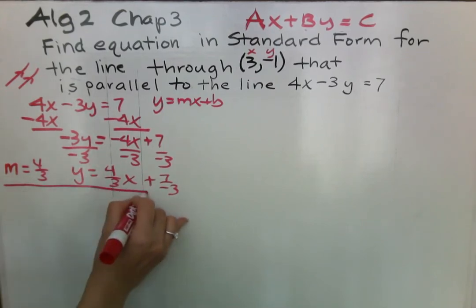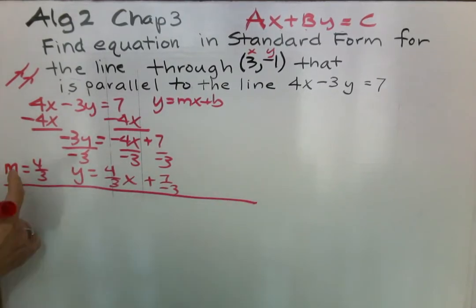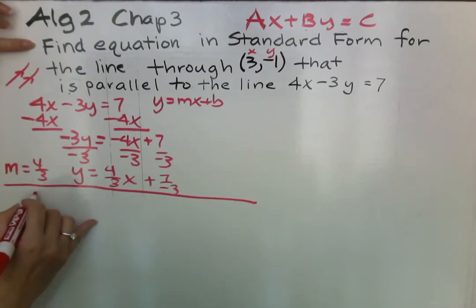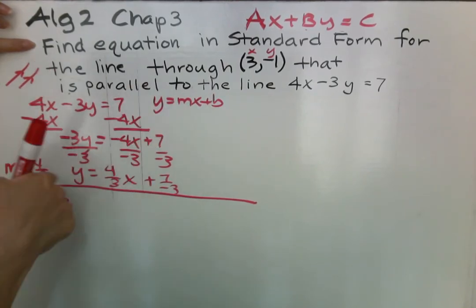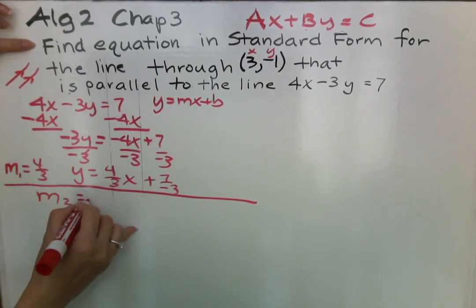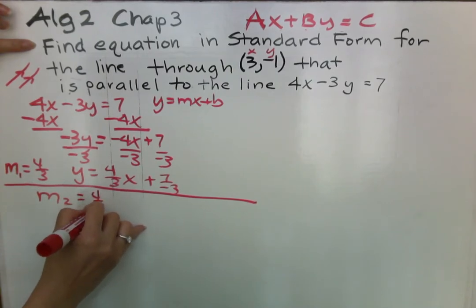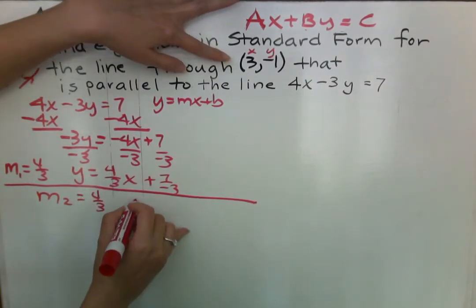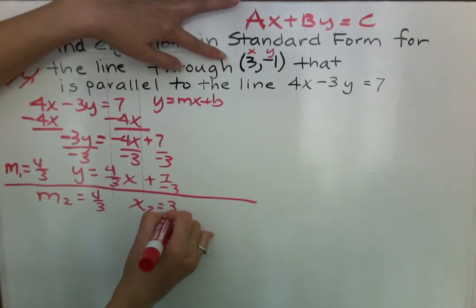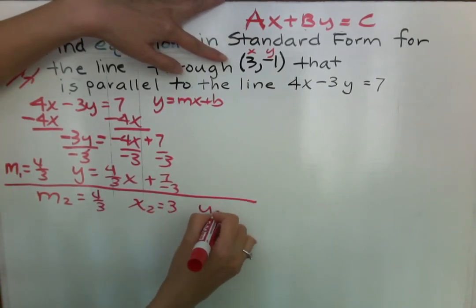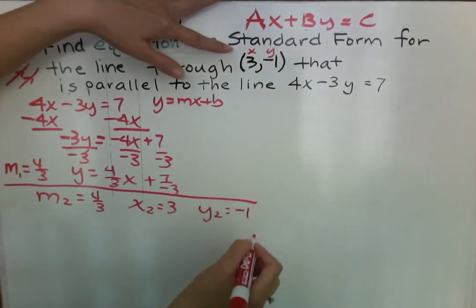So now we can use that information. It's like a puzzle. We're going to plug it in to our new equation. That's our goal, to find this equation. So for this equation, we know the slope, and I'm going to call it m2 because we don't want to get the first equation mixed up with the second equation. The second equation has the slope of this, and it has the point x2, which is 3, and y is -1.